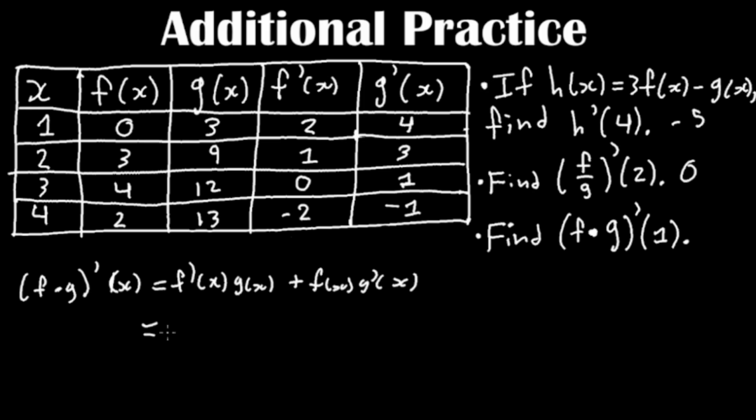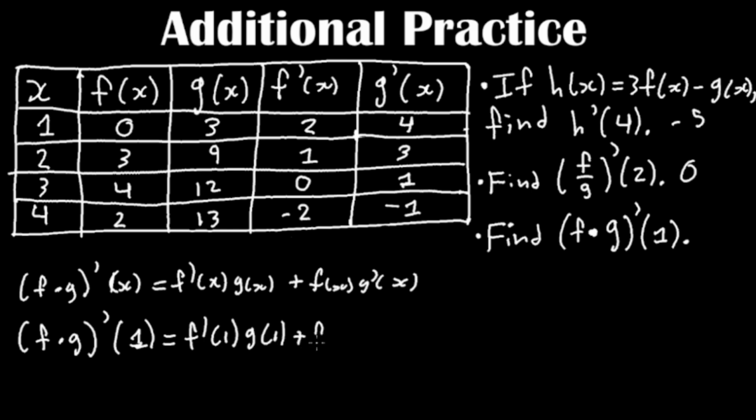So, if we want to find the derivative of f times g evaluated at 1, let's just plug that in. So this is f prime of 1 times g of 1 plus f of 1 times g prime of 1.